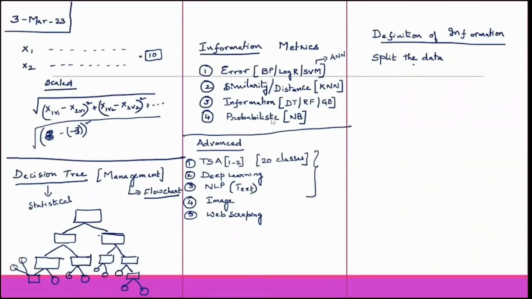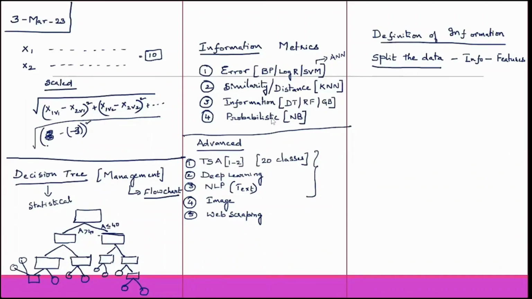It is more about the ability. The good model will come when it is able to split the data based on the information obtained by using the various features. The splits happen based on features. Let's say the split is age greater than 40 and age less than or equal to 40.